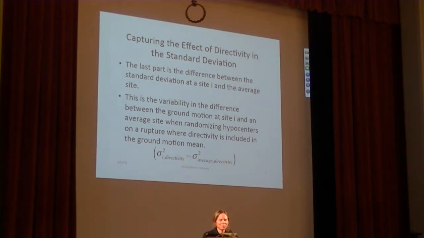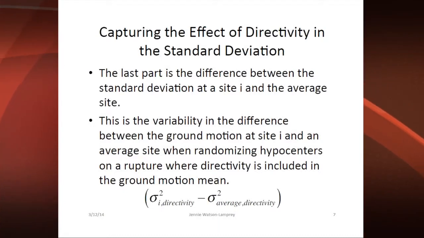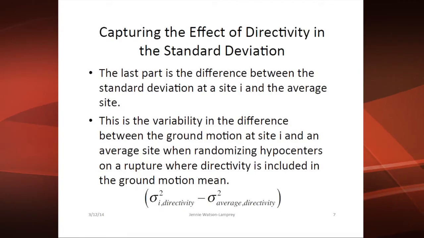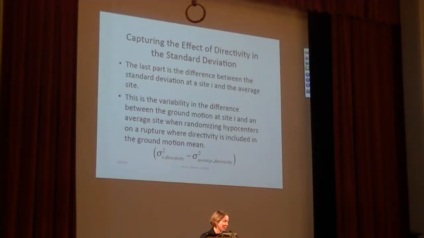So it's the difference between the ground motion at a site i and an average site when you're randomizing hypocenters on a rupture where directivity is included in the ground motion mean. Here you're going to get both above and below median ground motion by moving the hypocenter around.